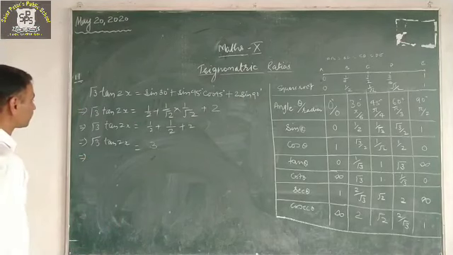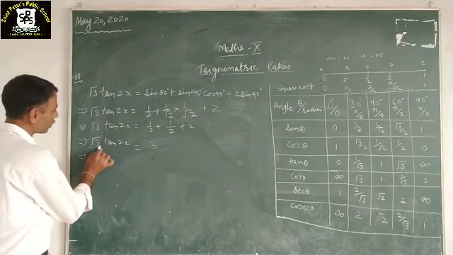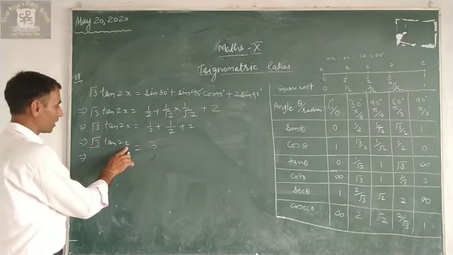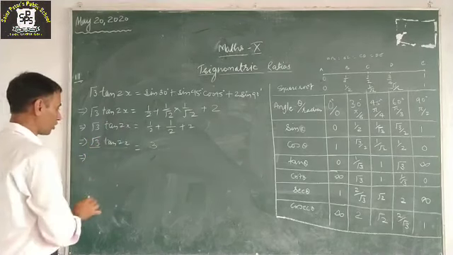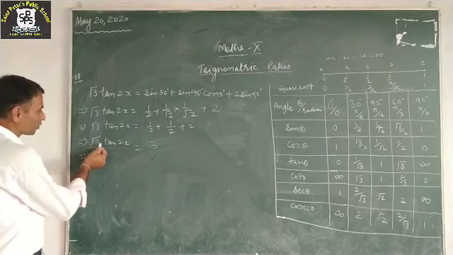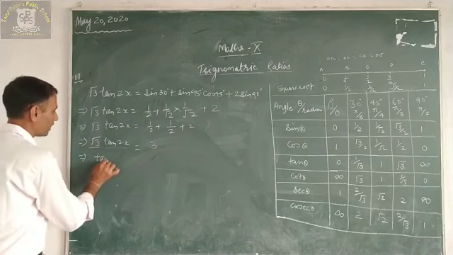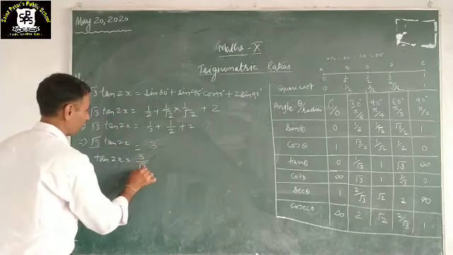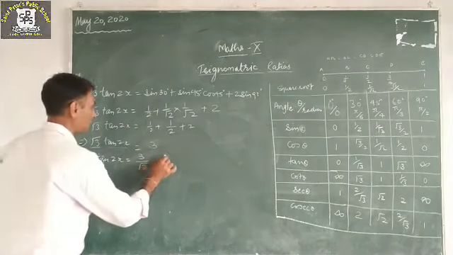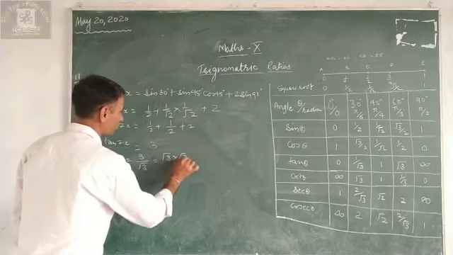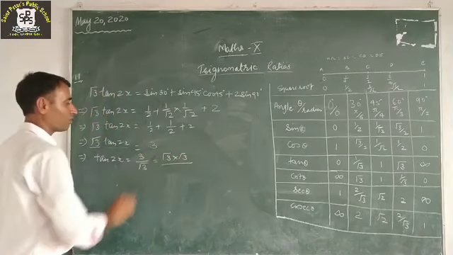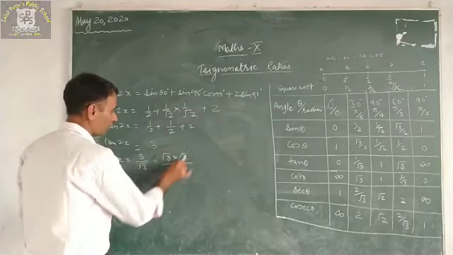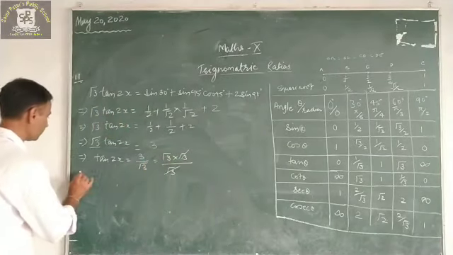And for next, because root 3 is the constant term and it's multiplied by tan 2x and tan 2x is the unknown term, so I should transfer this root 3 to the right hand side, then I get 3 multiplied by 1 upon root 3 and I can write it root 3 into root 3, because 3 can be written in the form of root 3 into root 3 divided by root 3. So we can cancel it out now.